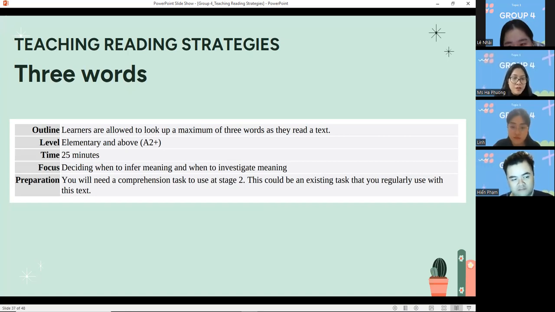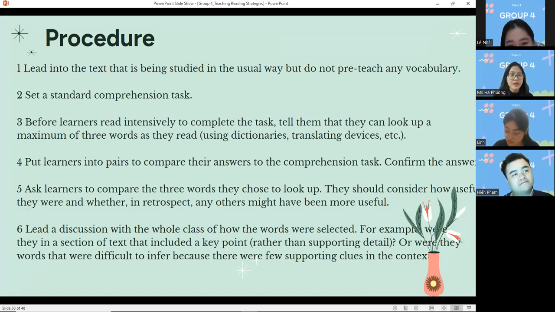For the preparation, the teacher will need a comprehension task to use as stage 2. This could be an existing task that the teacher usually uses with this text. About the procedures, we have 6 steps in this 3 words strategy.